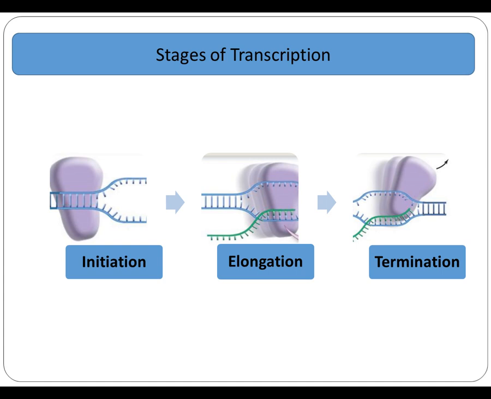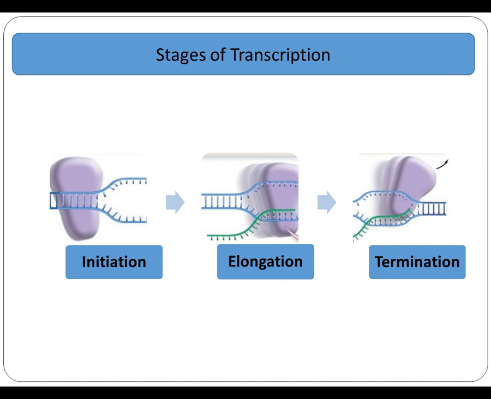What else does RNA polymerase do during initiation besides just binding to the promoter region? What can we see in this image? It's not damaging the DNA, but it is separating the strands of DNA. What is it separating?